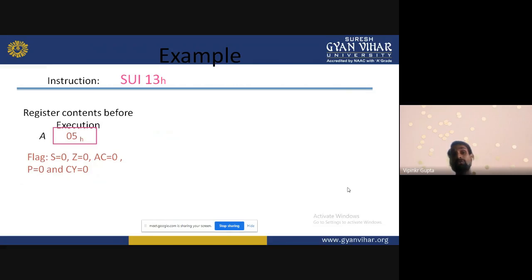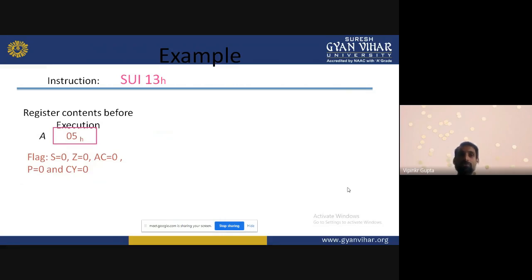So first is the data transfer group instruction. Now what happened in the first instruction, MVI A, 05H? It means 05 is transferred to the A register.